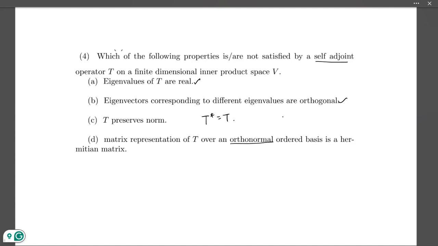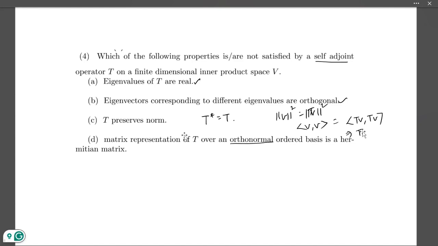Okay, let me write here. When T preserves norm, let's say norm of v is equal to norm of Tv, square both sides, then it is the inner product of v with v itself, and this is the inner product of Tv with Tv itself, right? But this is saying that T is unitary. No, unitary operators are basically isomorphisms.